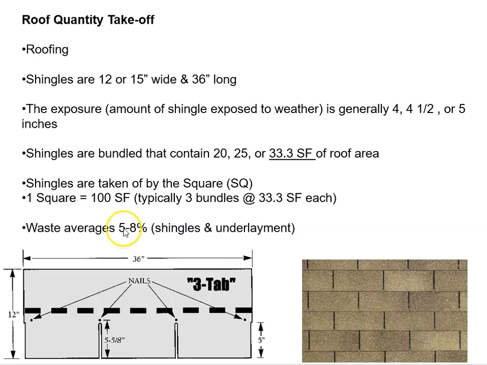Of course, shingles could be returned, but it's a bid. It's most often a competitive bid. So adding excessive waste is not recommended for that reason. You want to keep your numbers down and as tight as possible. Okay, so that is the roof takeoff, and we'll get back and do an example and talk more about squares.